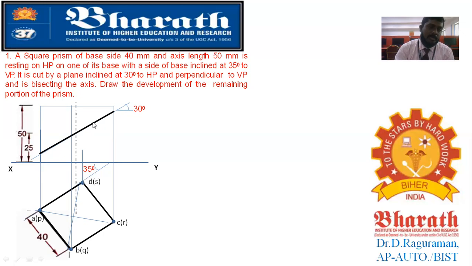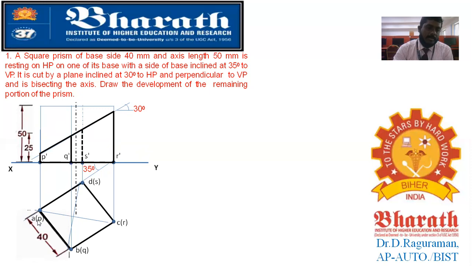Only this visible edge you will get here, and then below. The remaining top portion is going to be removed, so it is not required to be thick. The bottom portion alone you will draw as thick, with the respective points. As already mentioned, ABCD is at the top and PQRS is at the bottom.